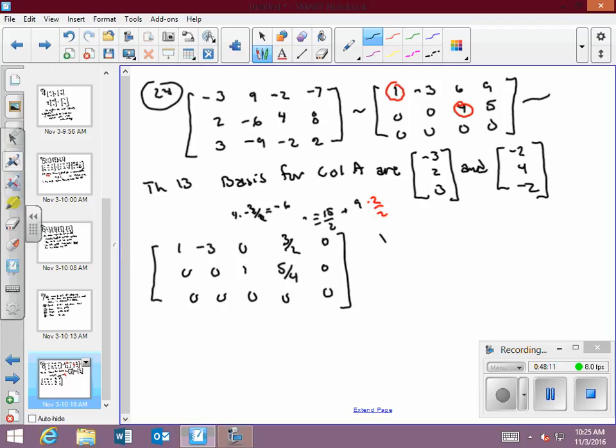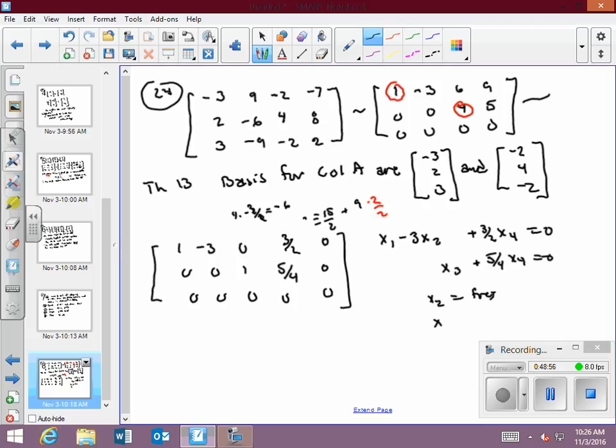You can do x1 minus 3x2 plus 3 halves x4 equals it. And this one says x3 plus 5 x4. And then x2 is free, and it's like 1, 2, 3, 4.